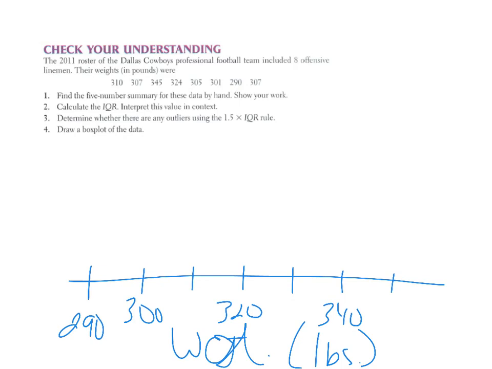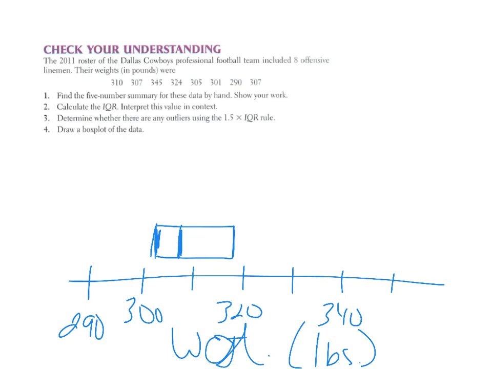My first line is at my Q1, referring back to my 5-number summary. The left side of my box is at Q1, which is 303. The right side of my box is at my Q3, which is 317. So here's my box. My median is the line in the middle of my box, so here's my median at 307.